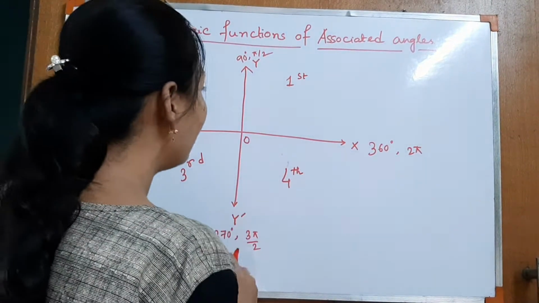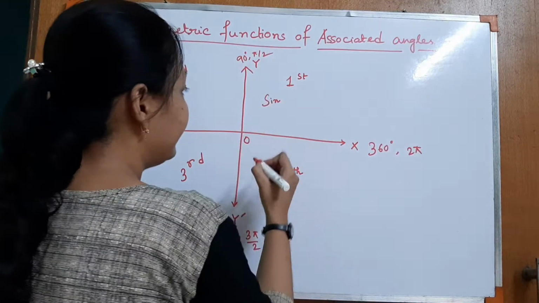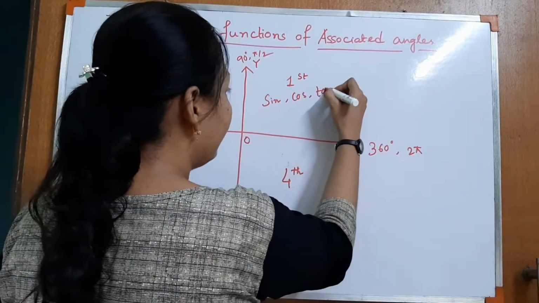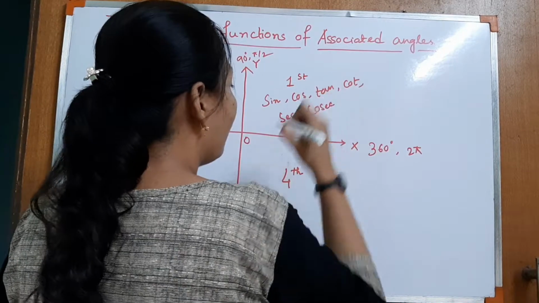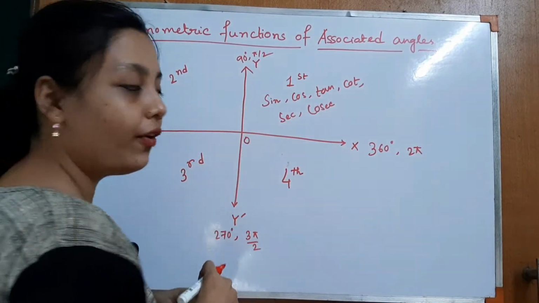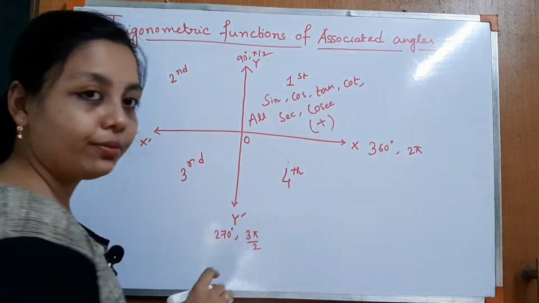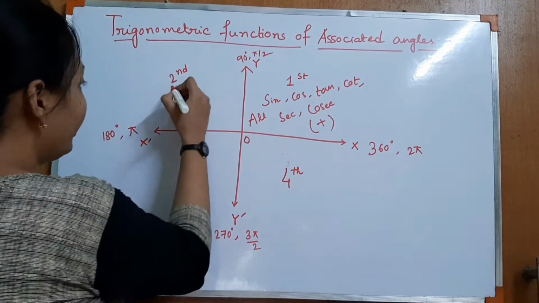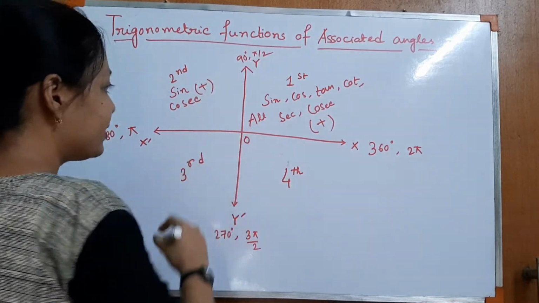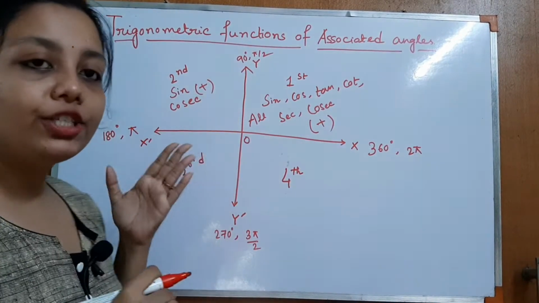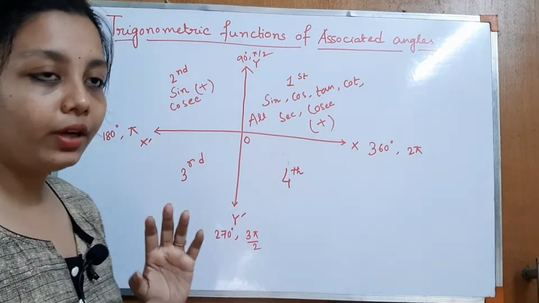Okay. Now in this first quadrant all the trigonometric functions, that is sine, cos, tan, cot, sec, cosec, are positive. That is, here all positive. In the second quadrant only sine and cosec contain positive sign, and all the other trigonometric functions, that is cos, sec, tan, cot, contain negative value.